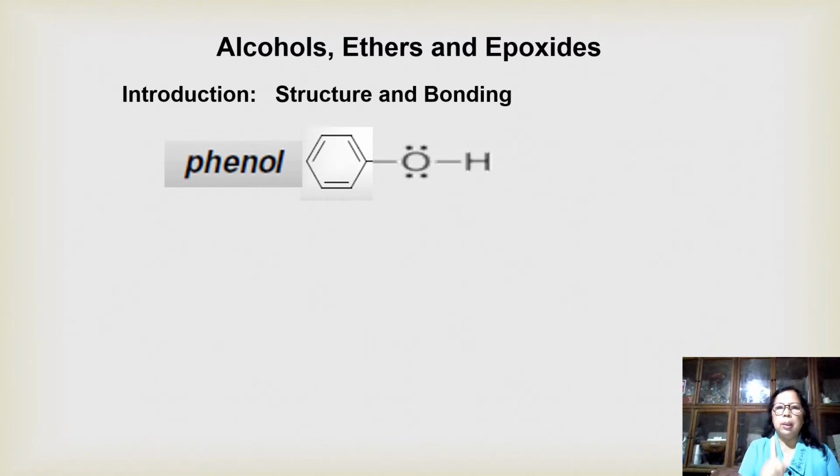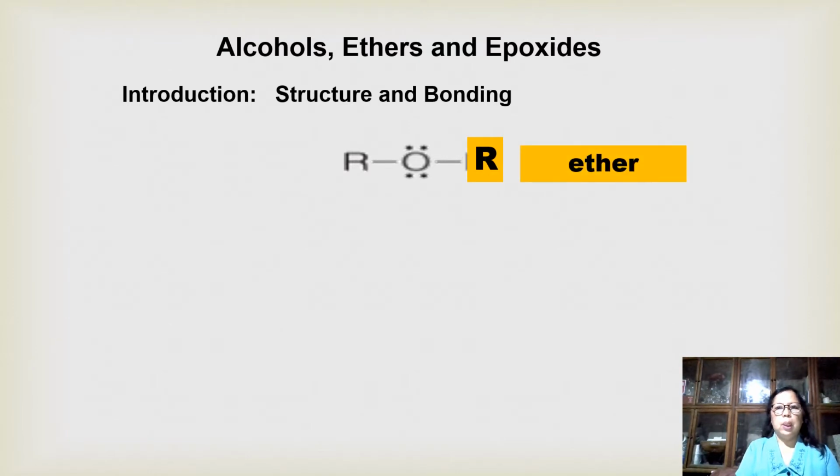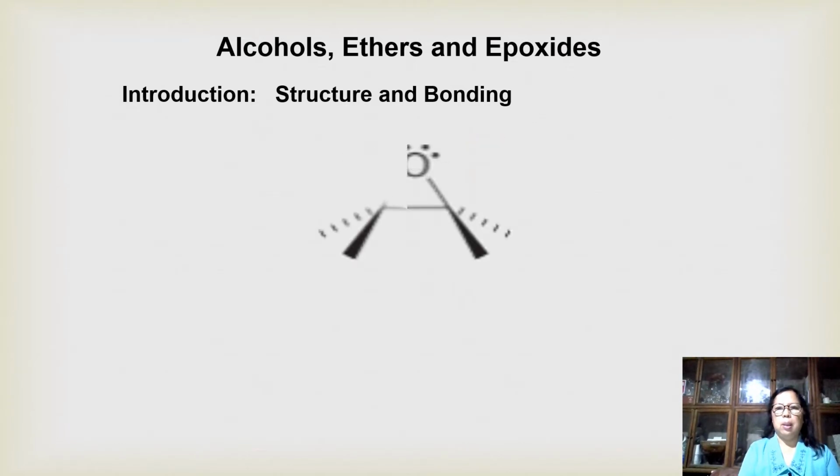So in this manner, if we're going to change the R into a benzene ring, it is called phenol. Now, if we're going to change the H with R, it is ether. If the oxygen is enclosed, it is epoxide.